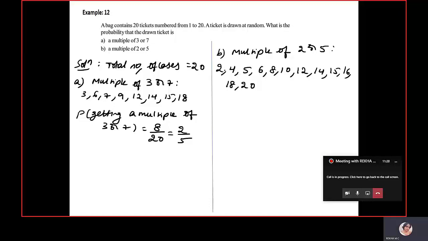So the number of favorable cases will be 12. So P of multiple of 2 or 5 is equal to 12 by 20. That is equal to 4 into 3, 4 into 5, 3 by 5. This is how you will be solving.